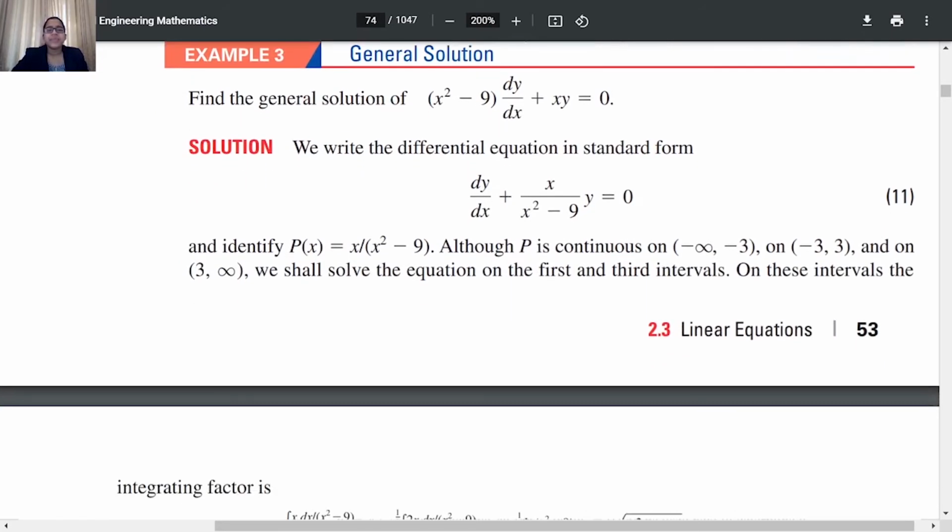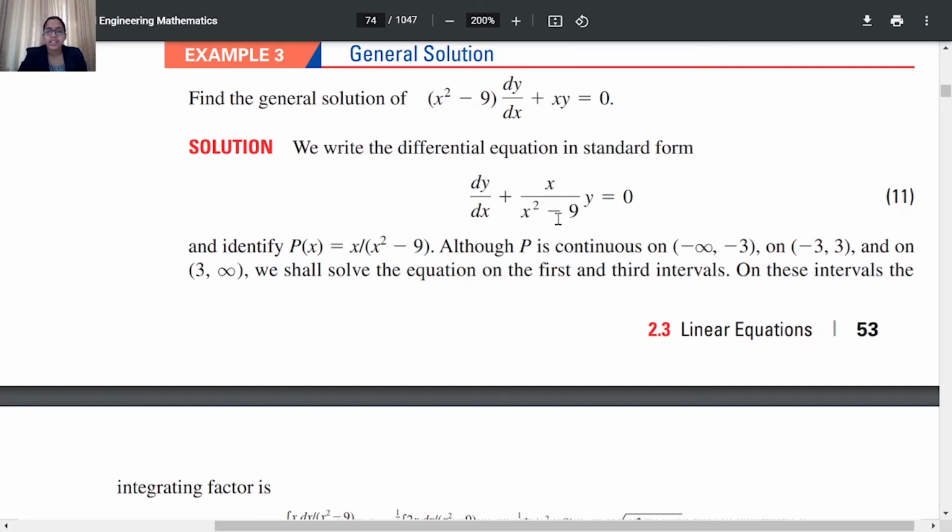So you can see we are asked to find the general solution of x square minus 9 dy by dx plus xy is equal to 0. So this is not in the standard form. So once we write in the standard form, what do we get? We get dy by dx plus x by x square minus 9 into y is equal to 0. So here you can see p of x is nothing but x by x square minus 9, right?